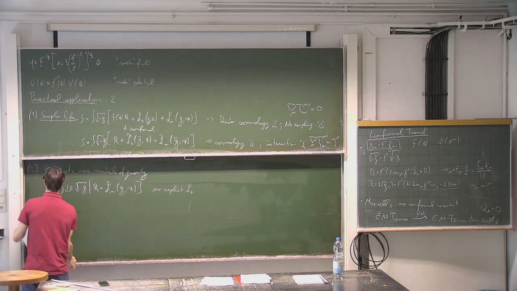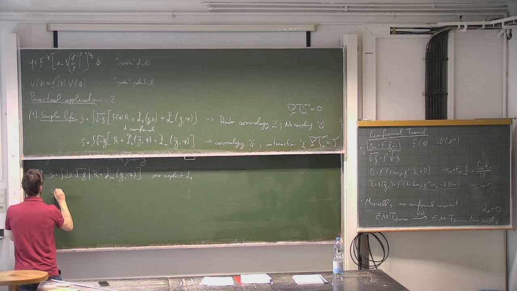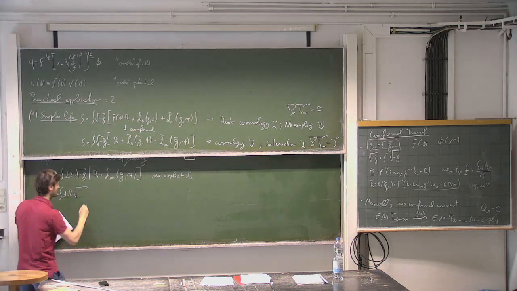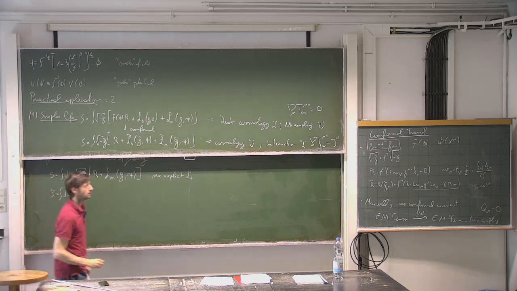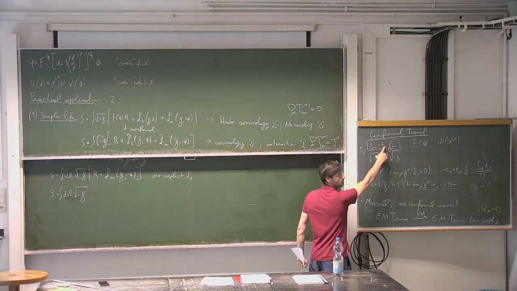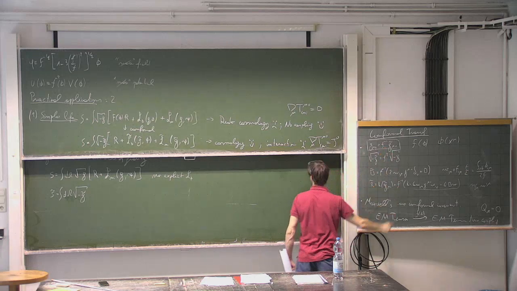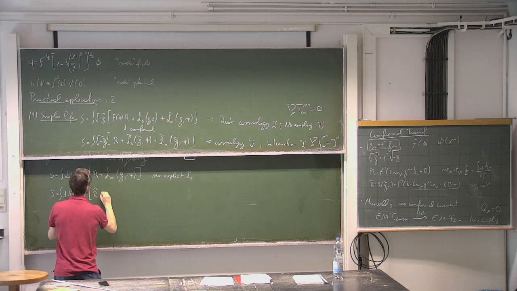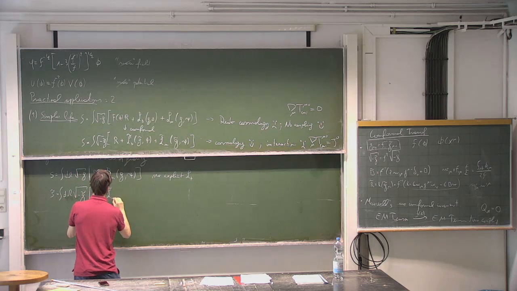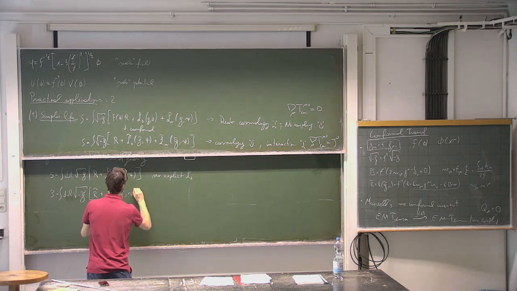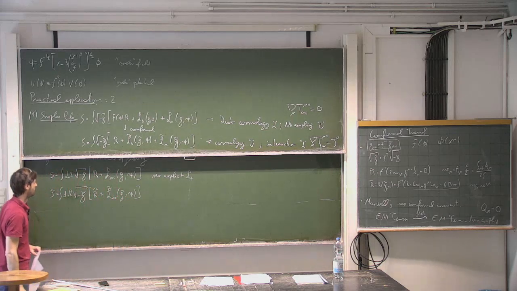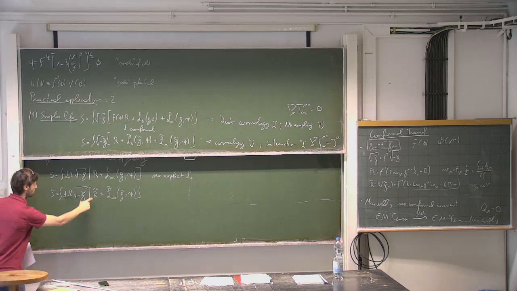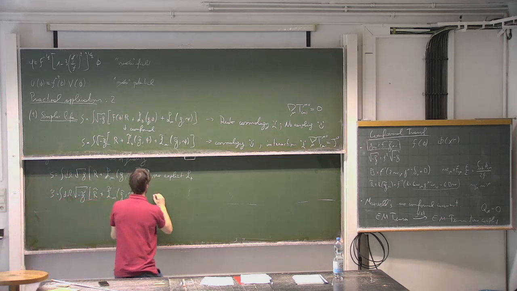Okay? And if I write the action S, which is now based not on this metric, but on this metric, that's not the same. I don't get the same equations of motion. I have an additional degree of freedom, which is hidden in the F here.